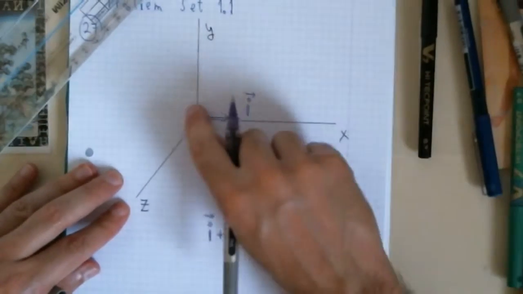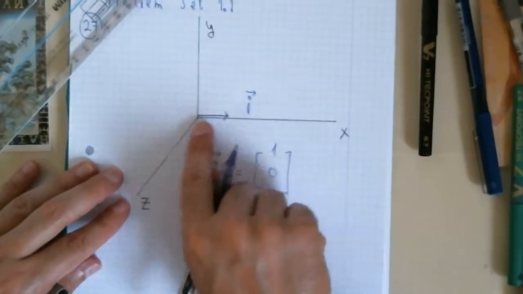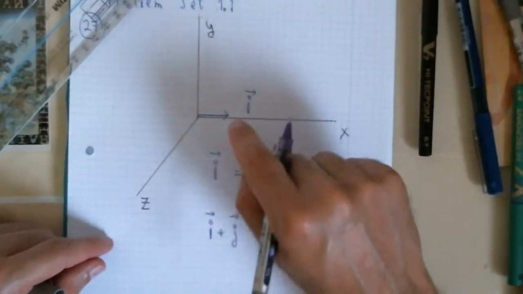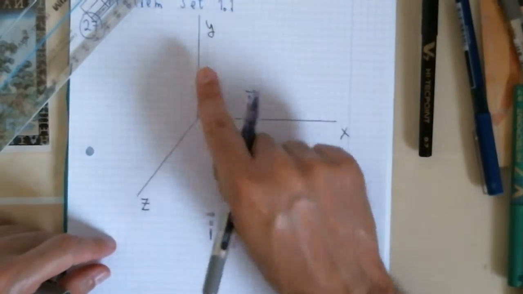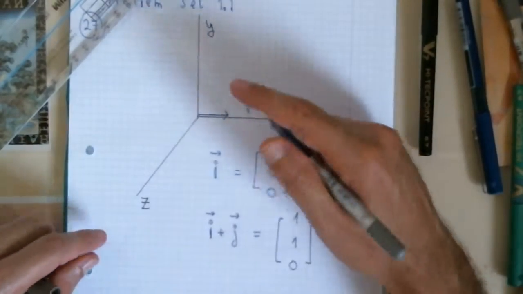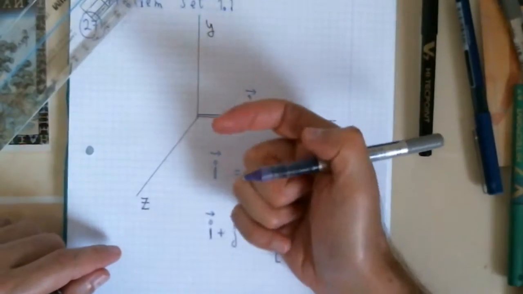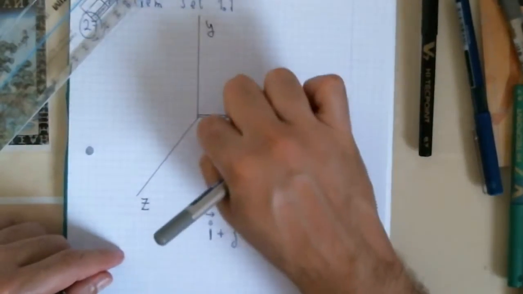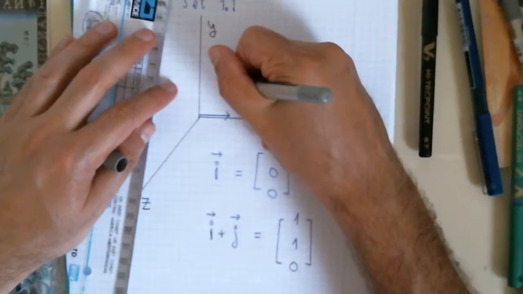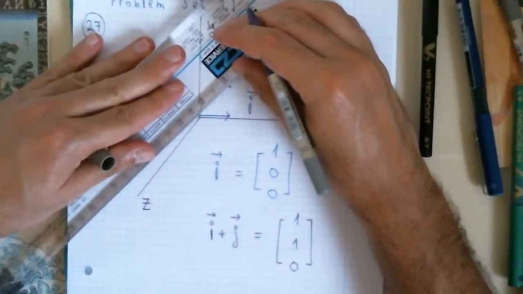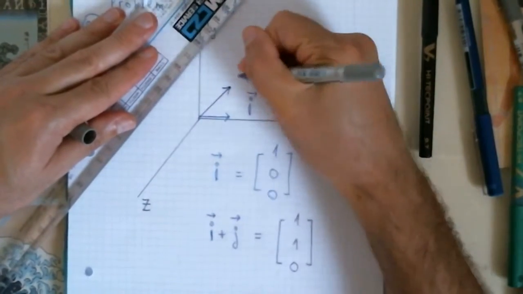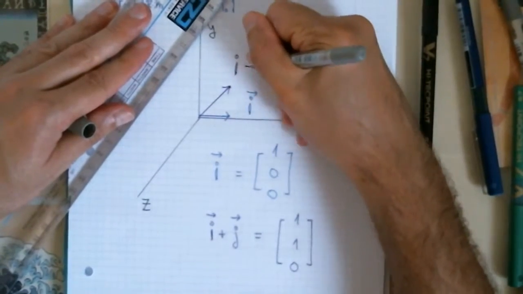So it's 1 to the right in the positive direction of the x axis, and 1 in the positive direction of the y axis, and that's it. Nothing towards the camera, and nothing towards the paper. So we're going 1 here and 1 here. This is I plus j.